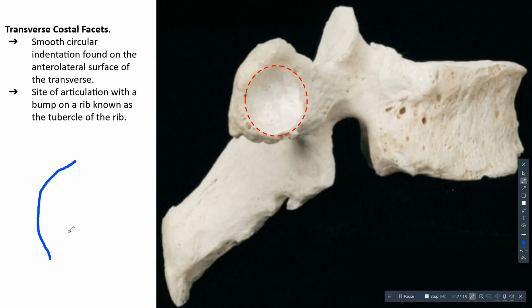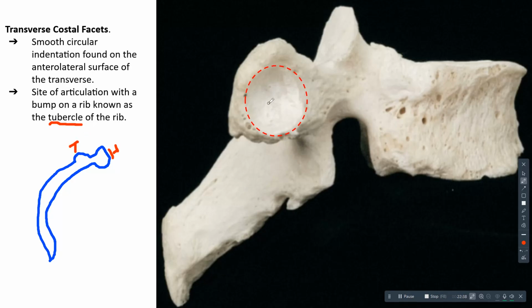So if I draw a rib, making it a little thicker than I wanted to, the rib is going to have a head and a bump. So there is my rib drawing right there. There's going to be a head right there. And then this is the bump. And that bump is called a tubercle.